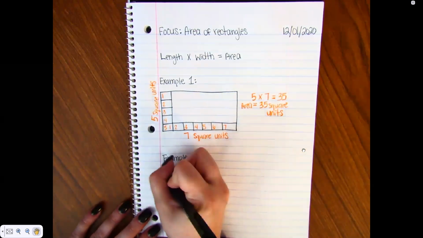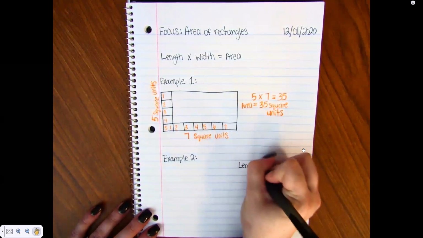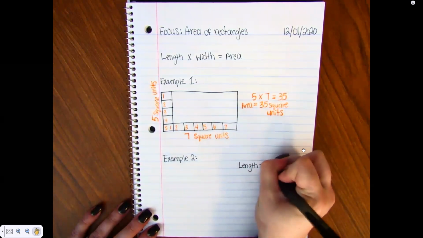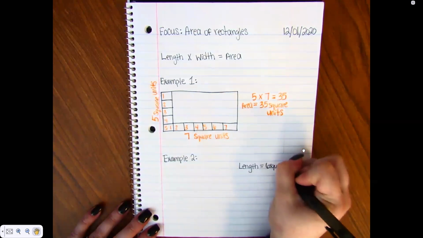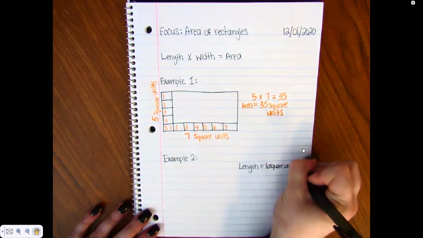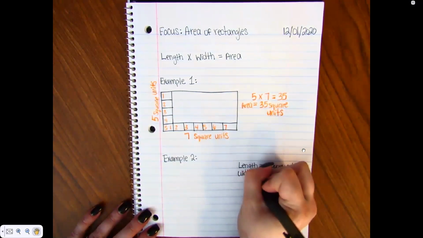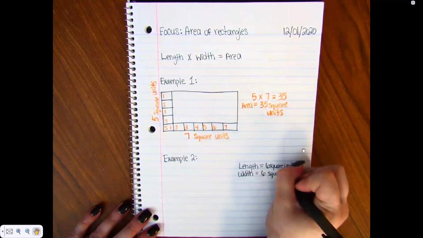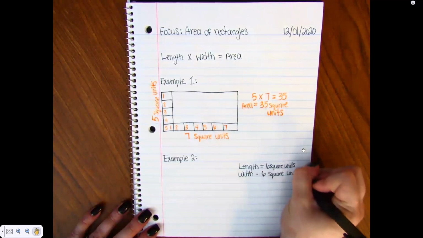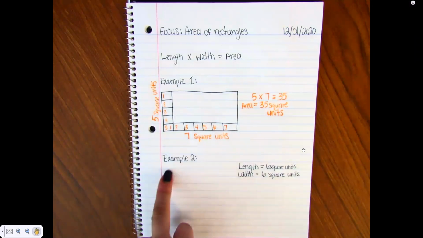So the length equals 6 square units, and the width equals 6 square units. So if the length is 6 square units and the width is 6 square units, draw me the area model.